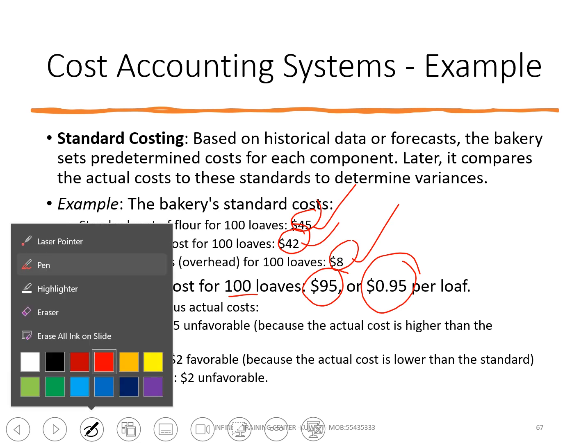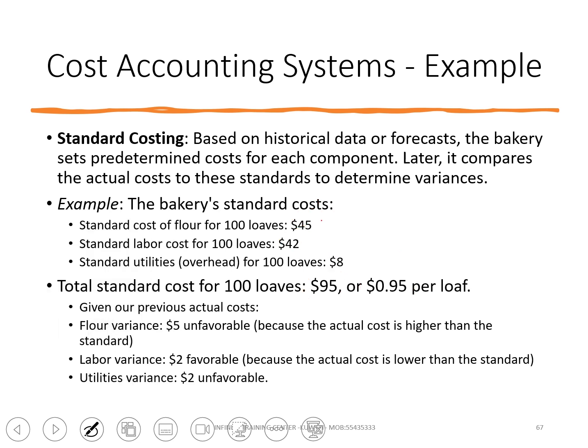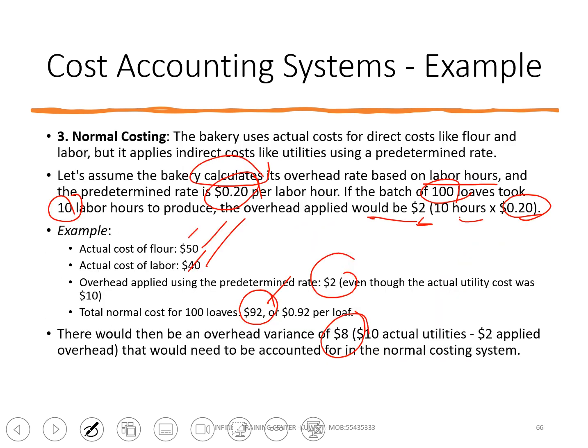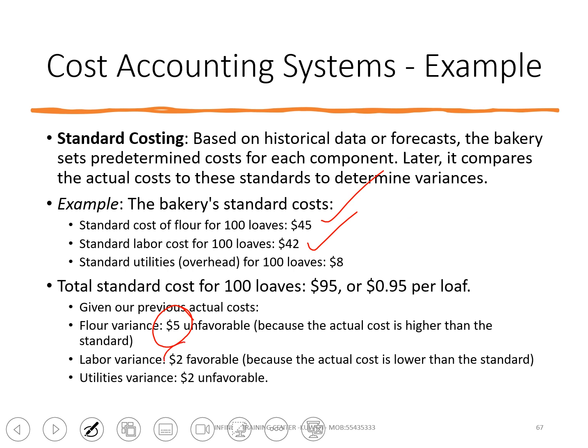So again, here also you have differences, right? Here the actual cost is $50, so we have a $5 difference or variance. Here the standard is $42, labor was 40 and you spent 42, so again you spent $2 extra.